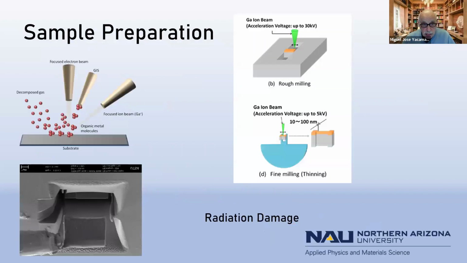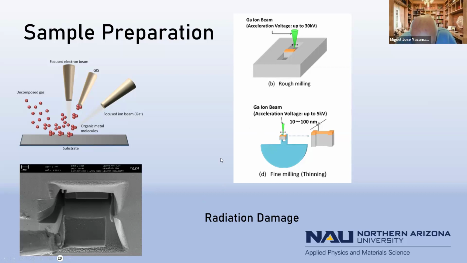Okay. Let me just take the sample preparation very quickly. What you do is you take the microchip, and then you use an ion beam to polish the material. Here is the picture where you see the sample that has been thinned to be seen in the electron microscope. And basically, they use a gallium ion beam that produces the tip.